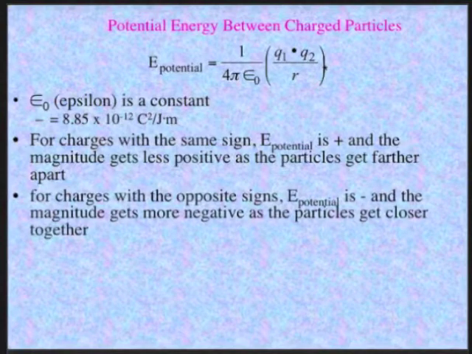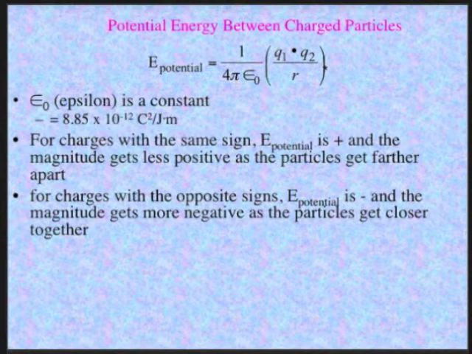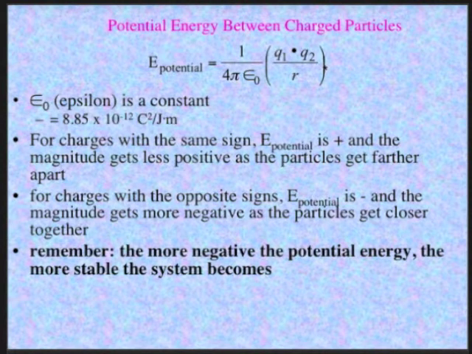For charges with opposite signs, electrons and protons for example, potential energy is negative and the magnitude gets more negative as the particles get closer together. Remember, the more negative the potential energy, the more stable the system becomes.